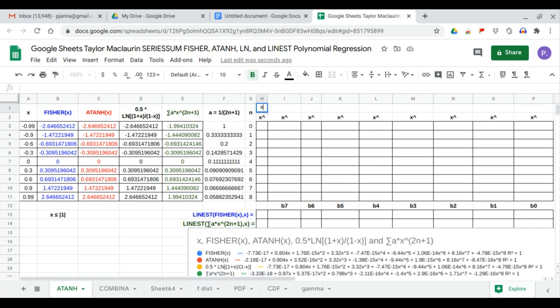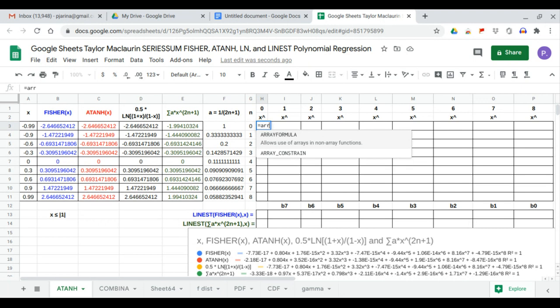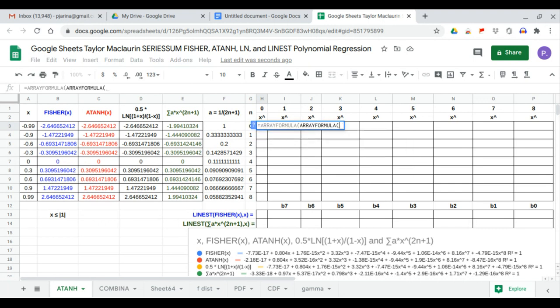So let's enter the power. So transpose of our values from 0 to 8. Now we can complete the 1 comma x matrix. So array formula of the x values raised to the power 0 to 8.